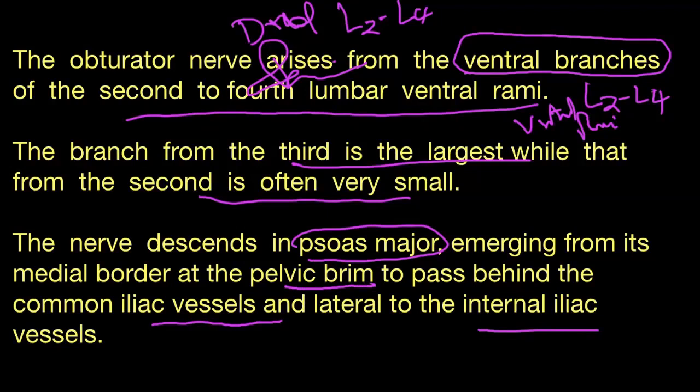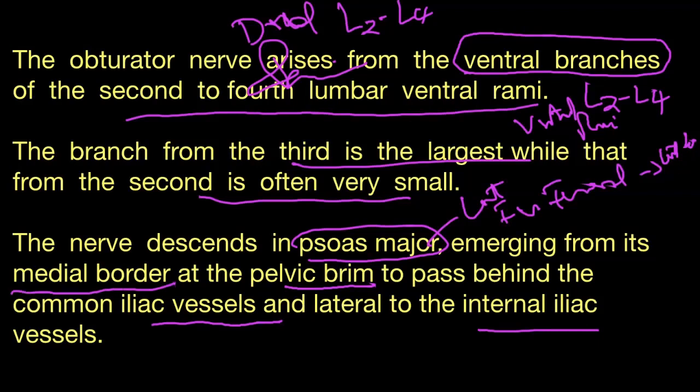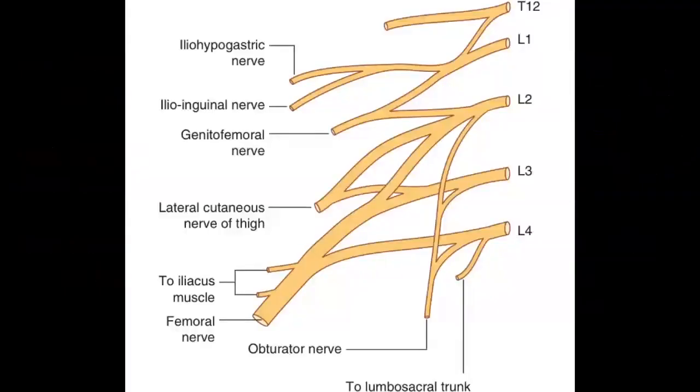The femoral artery, you remember from yesterday's class, is at the lateral border of psoas major, whereas this one is at the medial border. We say this is the L2 to L4 ventral rami.